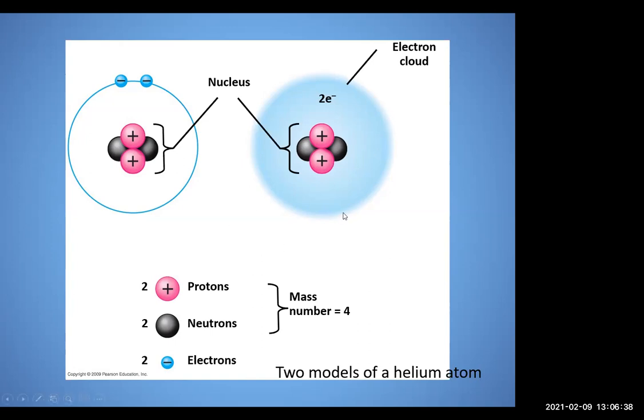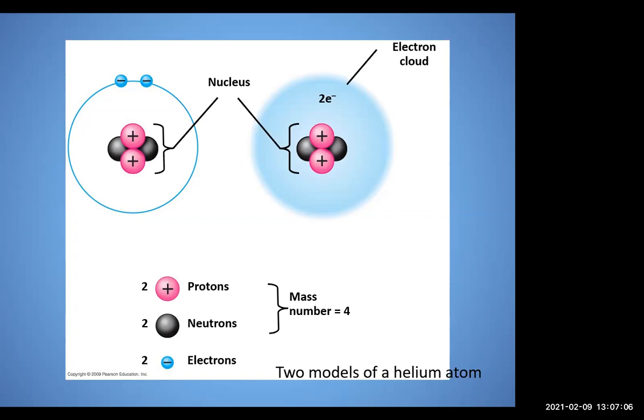Now, the space between the nucleus and the electrons is actually pretty large. If you were to take a carbon atom, for example, and put the nucleus on the 50-yard line of Qualcomm Stadium, which doesn't exist anymore because they've torn it down, and you sat up in the very top in the nosebleed seats, that would be where your electrons would be.